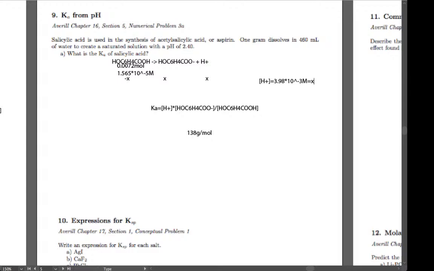So basically, we want this x to be squared, and then you divide that by the concentration of HOC6H4COOH, which in this case would be 1 divided by the grams per mole. Let me just reformat that. That's 1 over 138, and then you divide that again by 0.46.